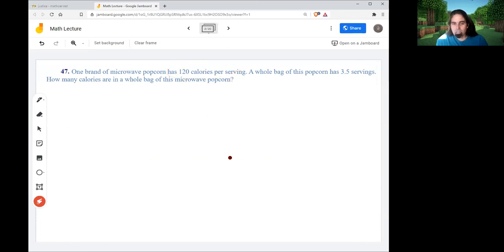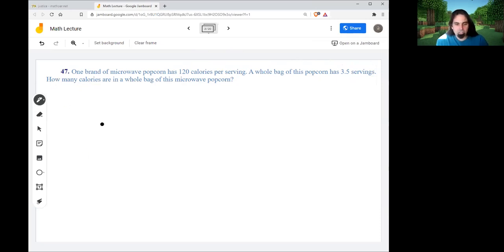One situation up here, and the other is the whole bag, right? 1 serving, whole bag. The other thing I've noticed is they've given me 3 numbers, calories, 1 serving, 3.5 servings, and they're asking me for a 4th, how many calories? So those are the clues that this is a proportion word problem.